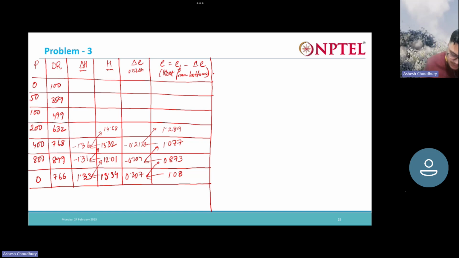Again, for 499 minus 632, that will be 133, meaning minus 1.33.